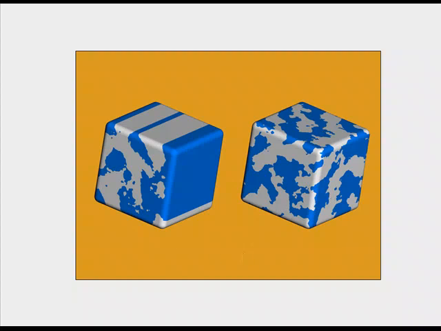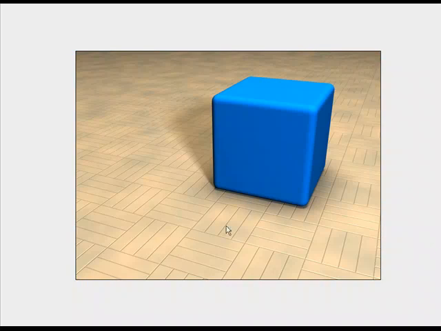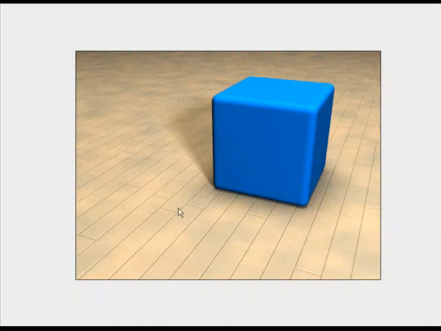Now we also have two new procedural textures, parquet and planks. These two textures are great for working on things like floors. So here I'm using the parquet procedural texture for a floor, and planks as well.